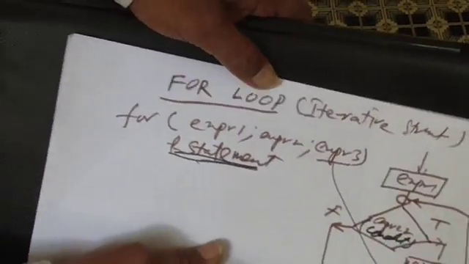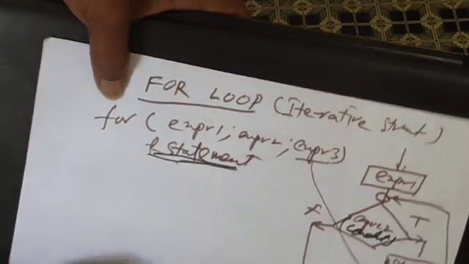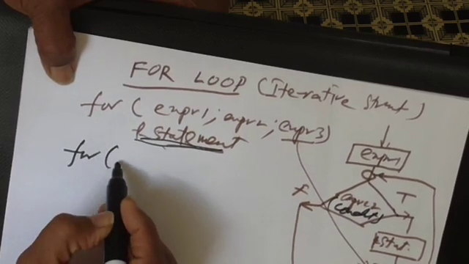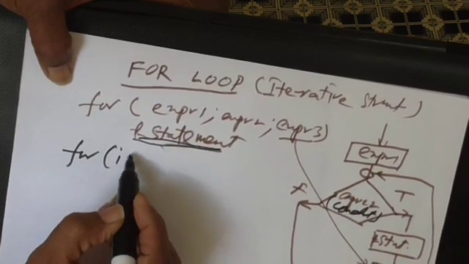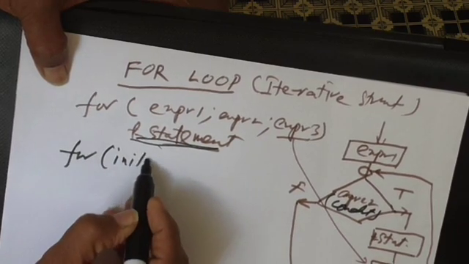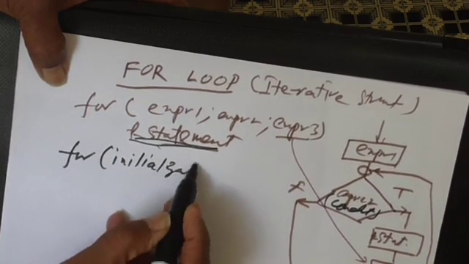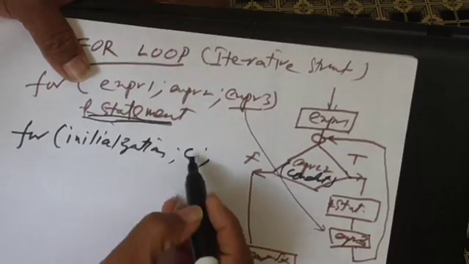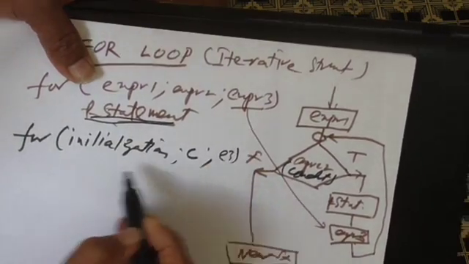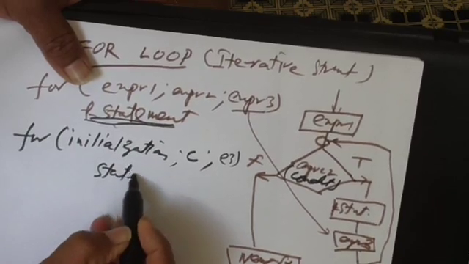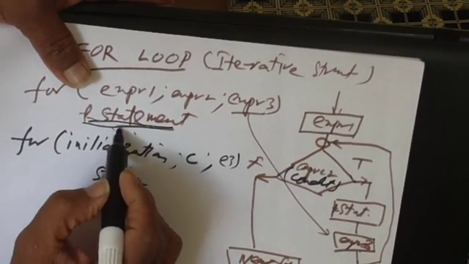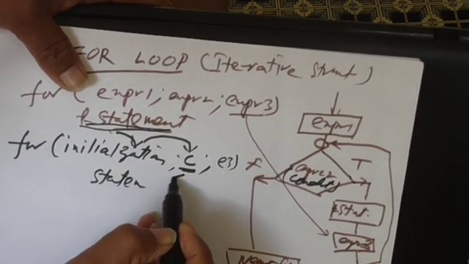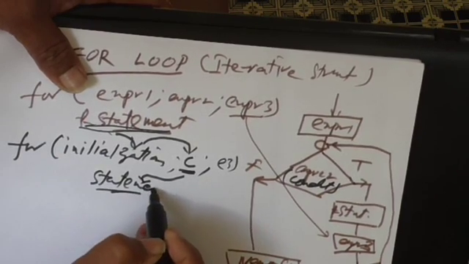If I write it in another way, you can say for, generally the expression 1 is initialization, then expression 2 is generally a condition, and expression 3 is some other statement. So first initialization is executed, then the condition will be checked, and if it is true, this statement will be executed.